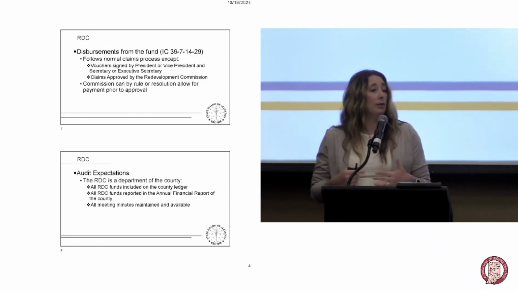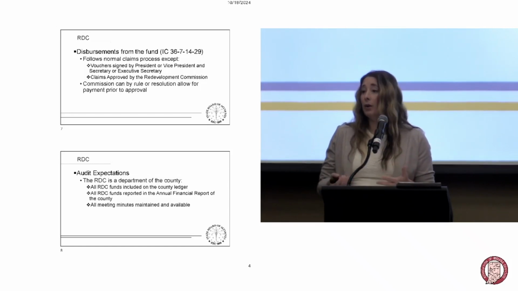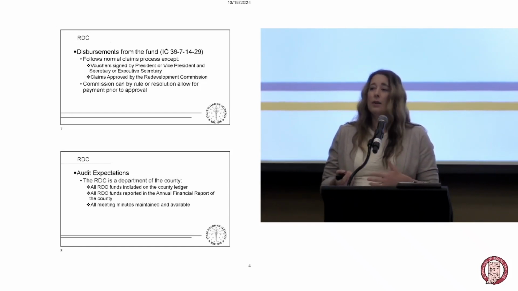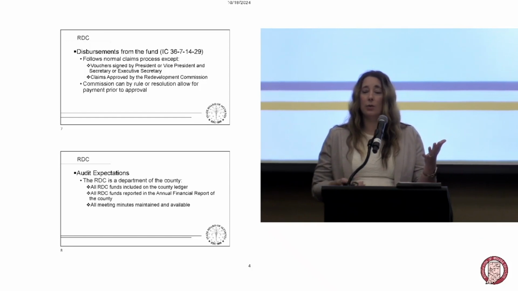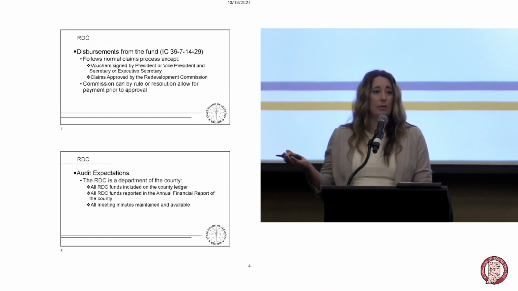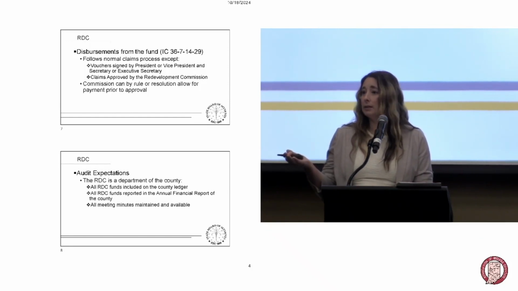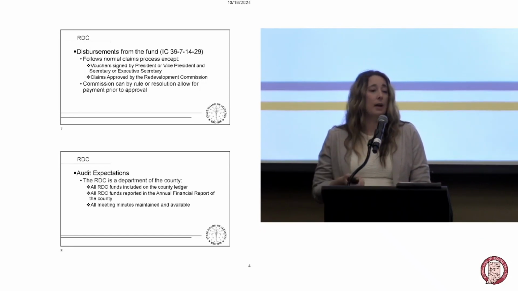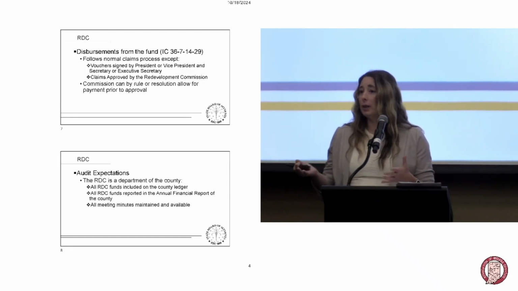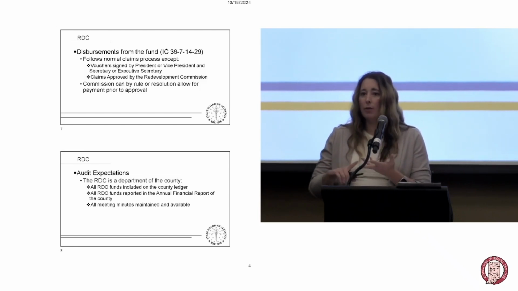When we come in to do the audit, I don't know how all of your counties do it. Is the auditor maintaining all the invoices, or does the redevelopment maintain some of those as a copy? Sometimes in the past when I went to see a commission, they hold some reports and other things.